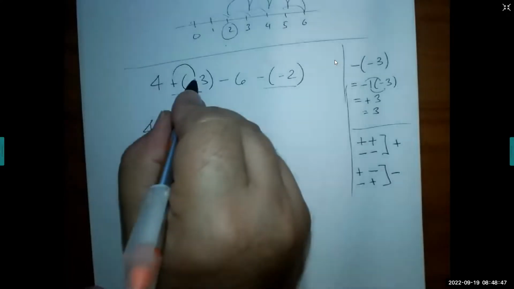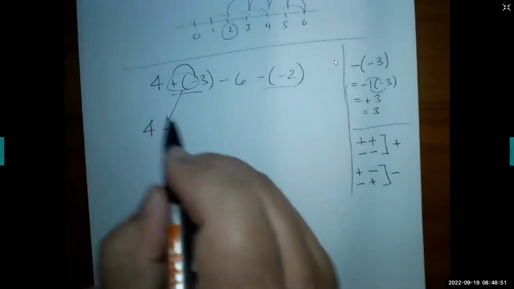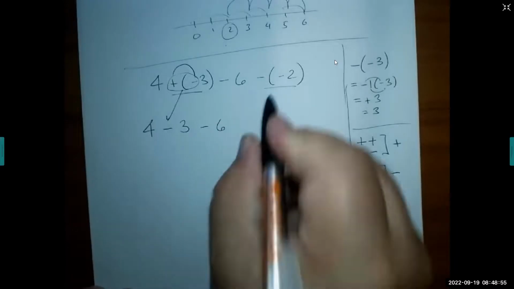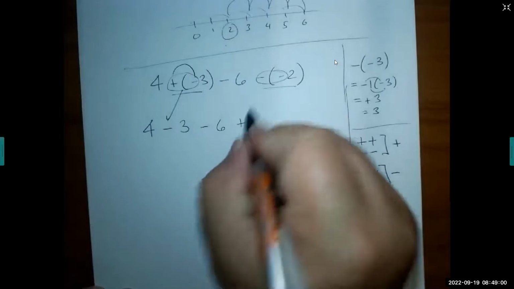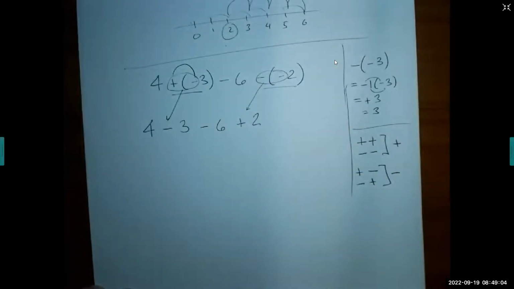So since positive and negative are opposite signs, it becomes a negative 3. And same thing here: negative of a negative, since they're the same sign, becomes positive. So our first job, if you can't do inside the parentheses, is to get rid of the parentheses by distributivity, by multiplying.